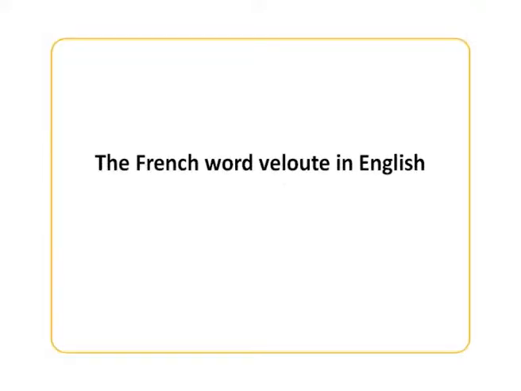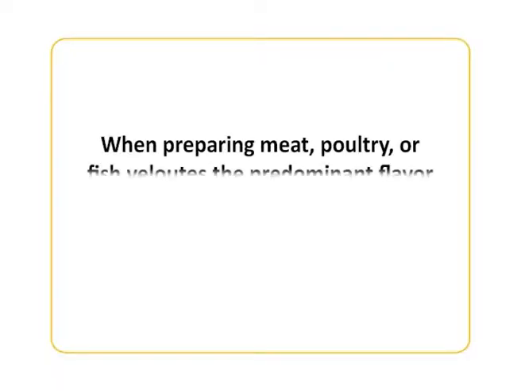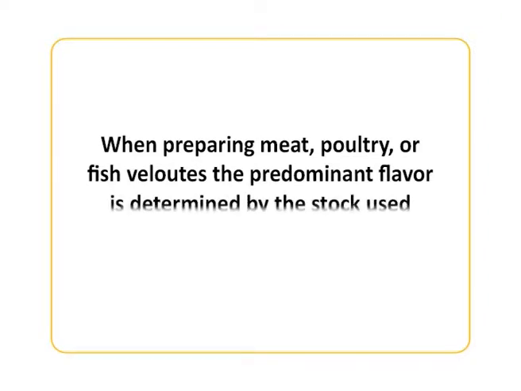The French word velouté in English means velvety. This describes the finished texture and appearance of the soup. The principal thickening element is a blonde roux or a velouté sauce, which may be flavored using different stock bases according to the requirements. When preparing meat, poultry or fish veloutés, the predominant flavor is determined by the stock used.